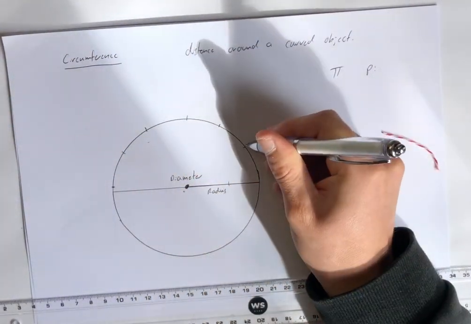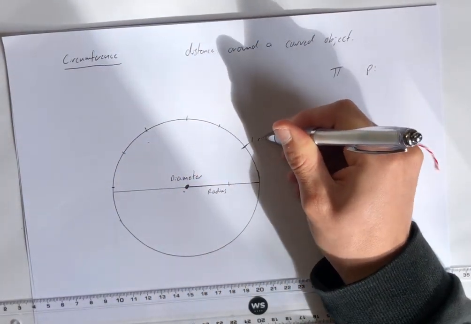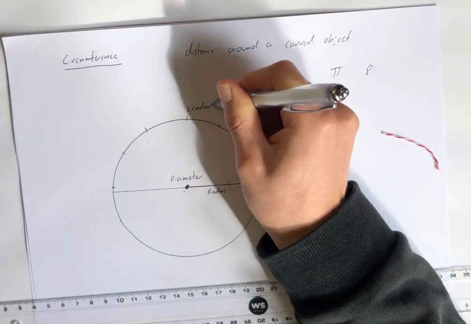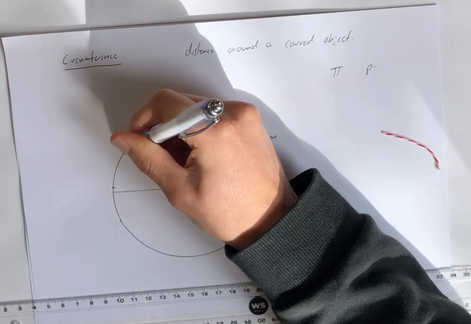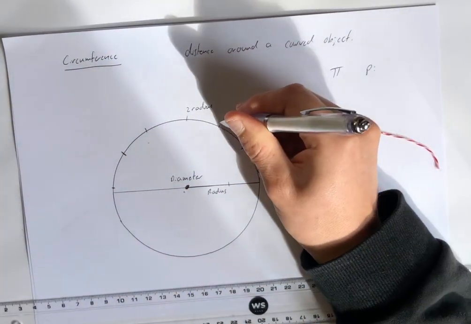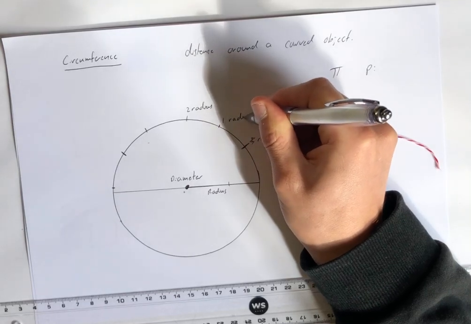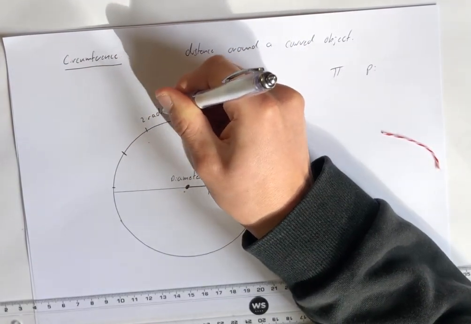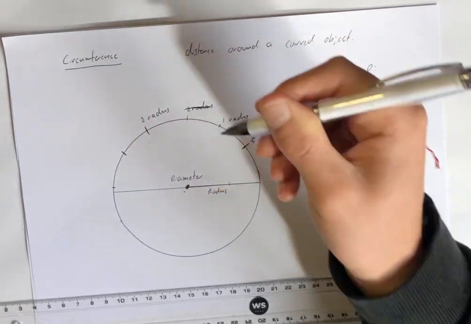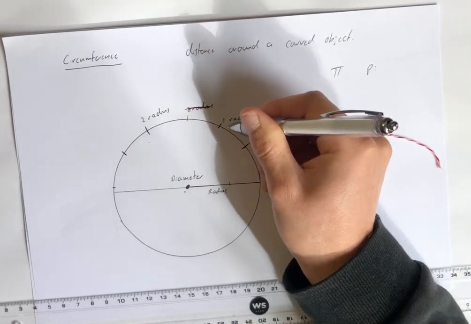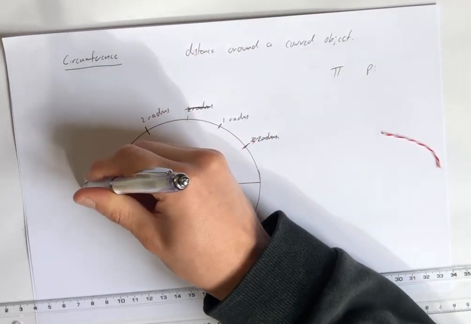We get 1 radius, 2 radius, then we get 1 radius up to there, we get 2 radius up to there, so sorry, ignore those, 1, 2, and then we get 3.